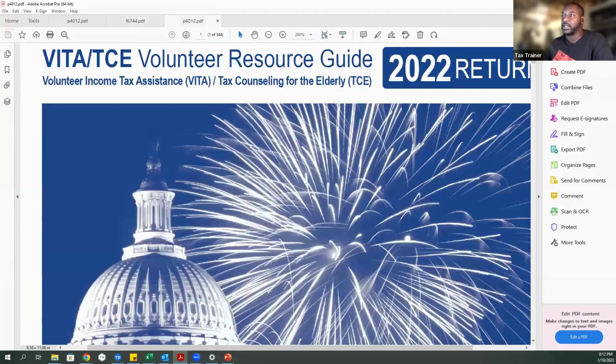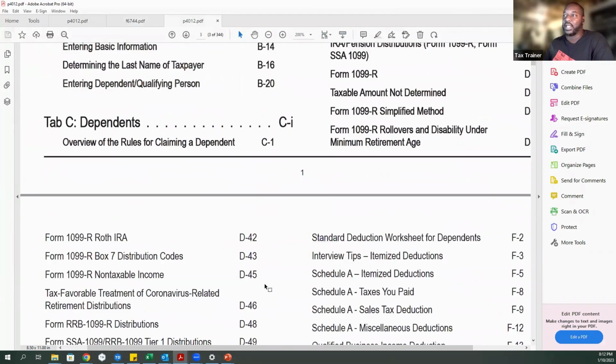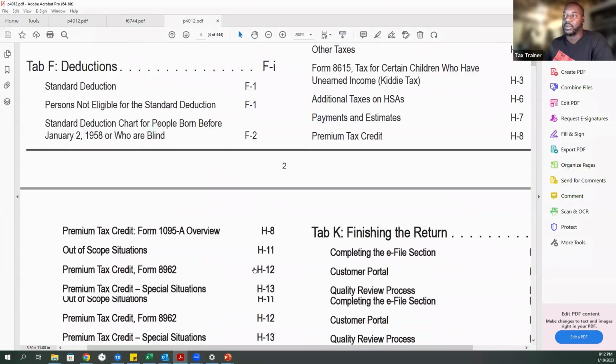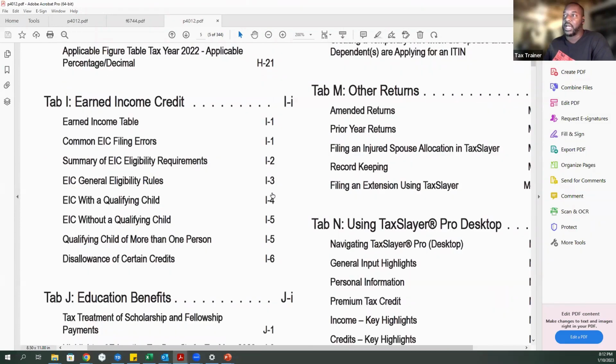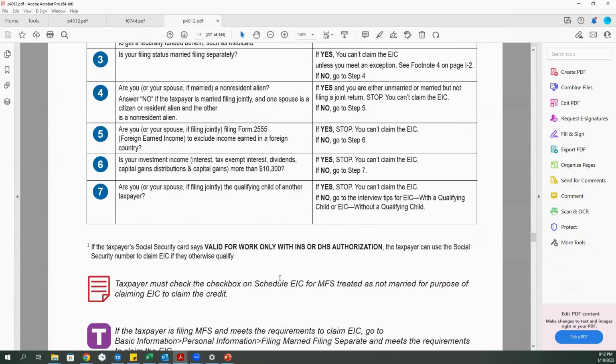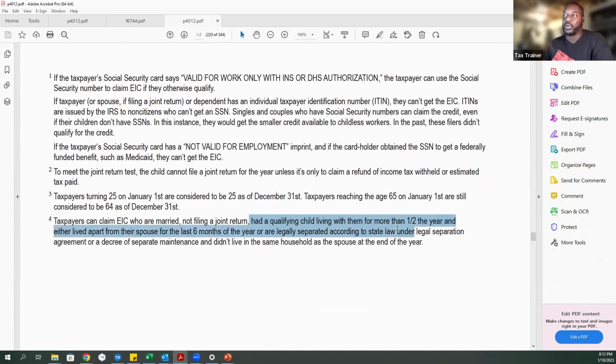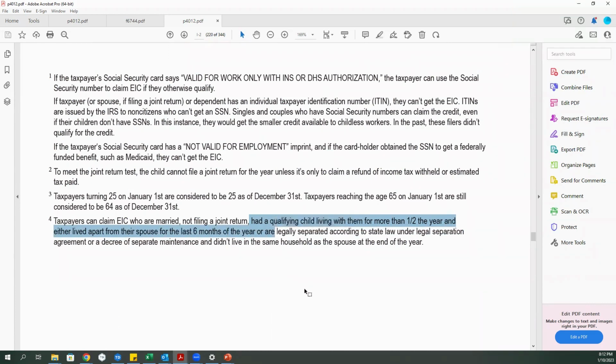The rule said if the person was away from their spouse the last 6 months of the year, and made that amount there. Okay, I hear what you're saying. Yep. So they had a child living with them for half the year, and they lived apart from their spouse the last 6 months of the year. They can still get EIC, but file as married filing separately.